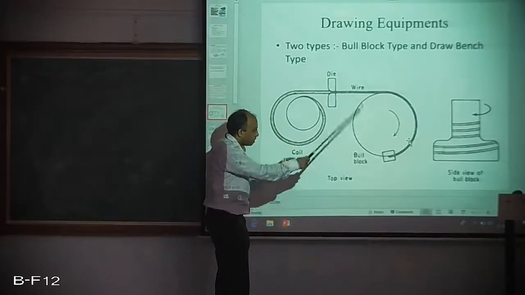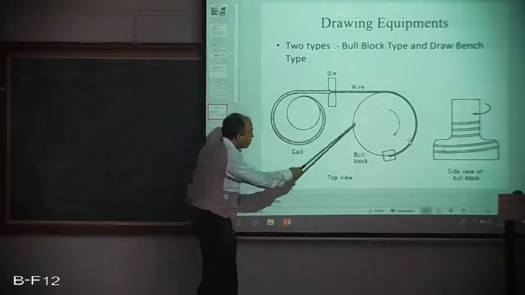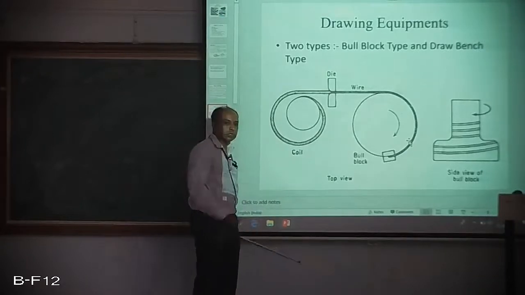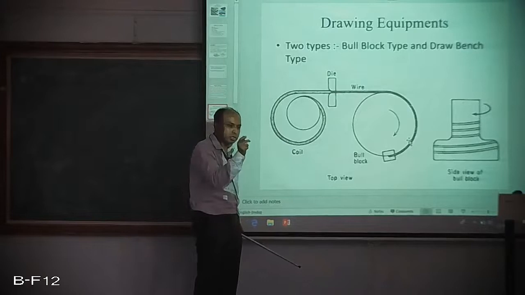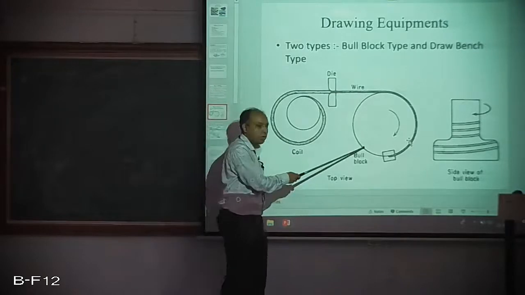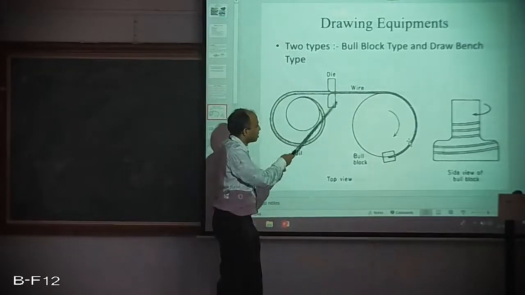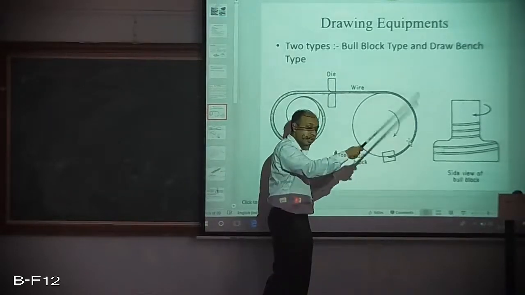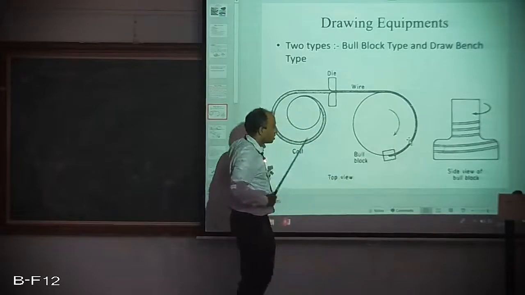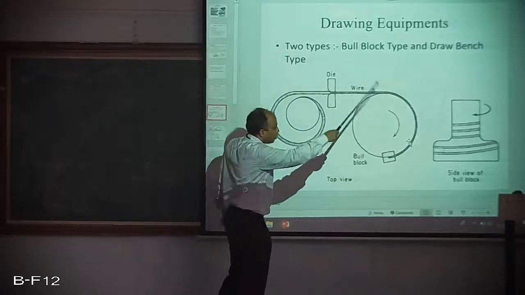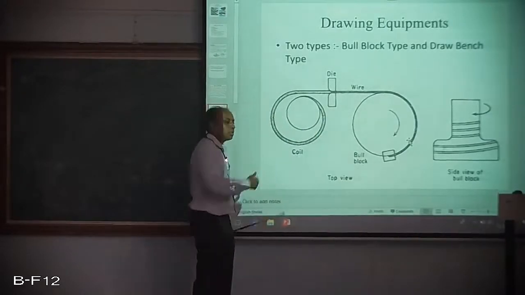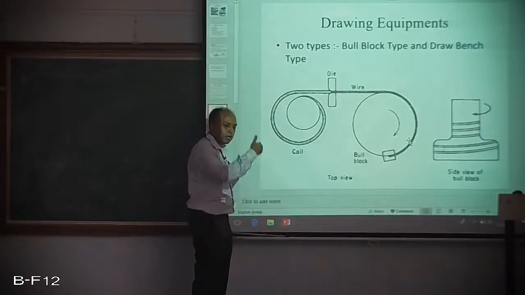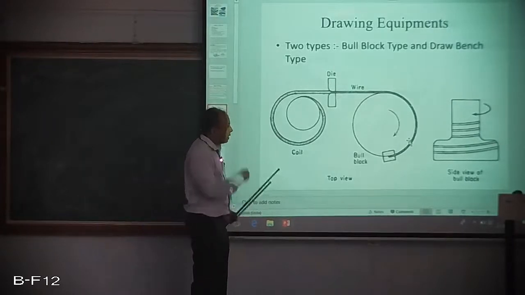For every drum I need to have a motor, and I need to adjust the speed of the motor accordingly. For the first die set there will be one speed, then at the second die set a higher speed, and the next die set higher. Initially the speeds are low, and as you progress step by step in sequence, the speeds will be higher and higher.